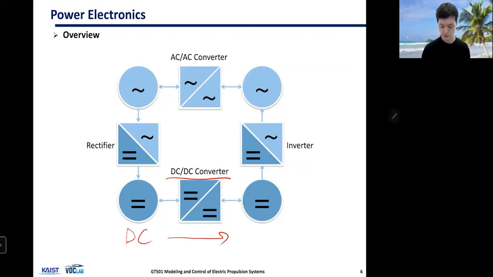And if you want to generate AC signal from the DC source, let's say this is high voltage, this is low voltage, then you need inverter to generate AC signal, right?